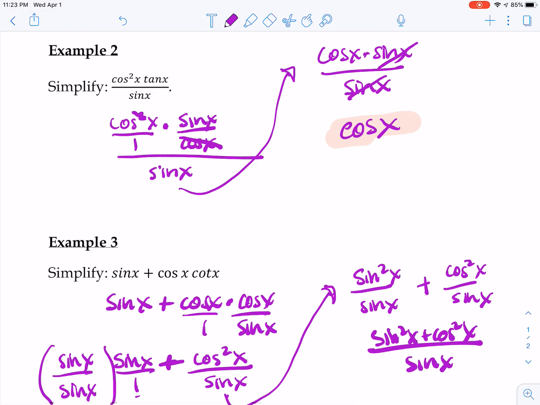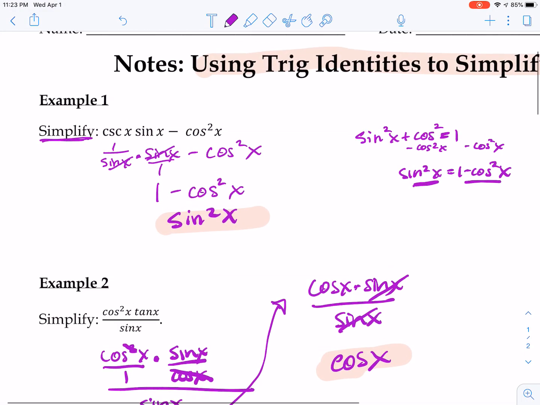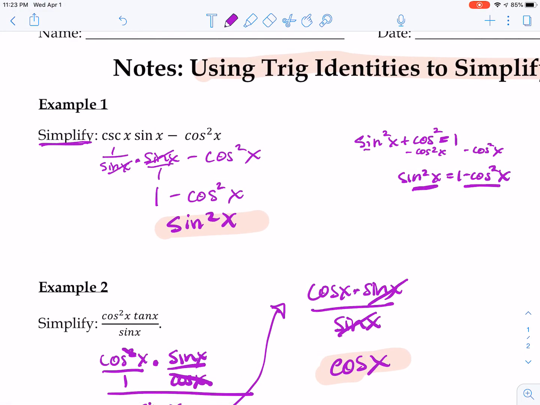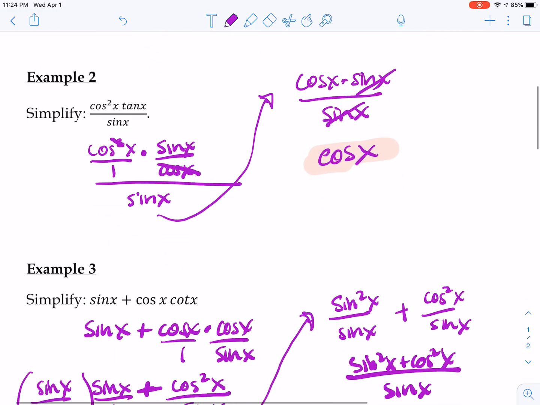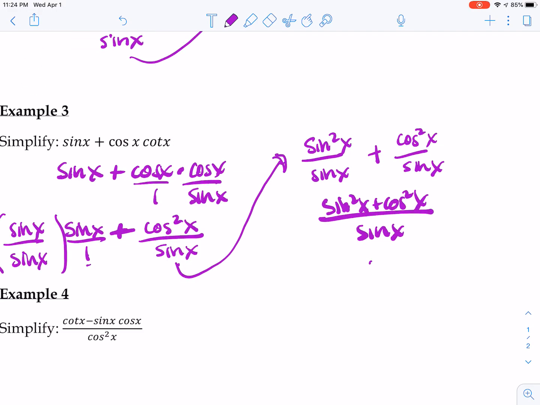You might recognize that top part as a Pythagorean identity: sine squared x plus cosine squared x equals 1, so that can be switched out. So this numerator is really just equal to 1, and then over sine x, which is cosecant x. Okay?